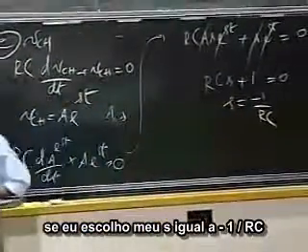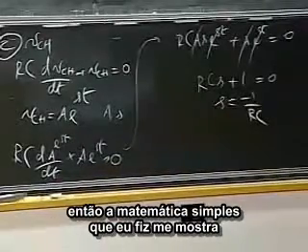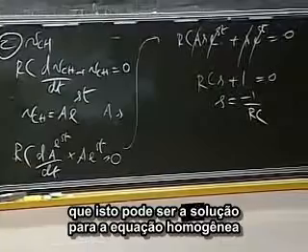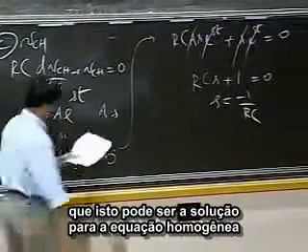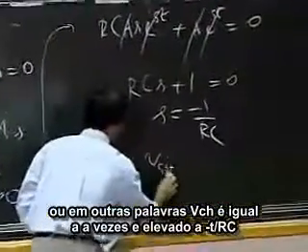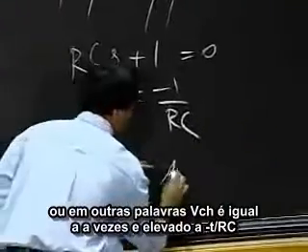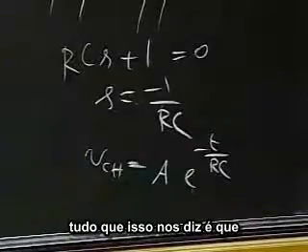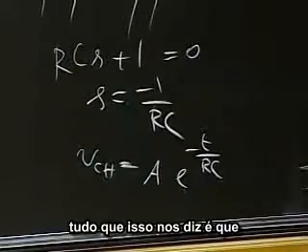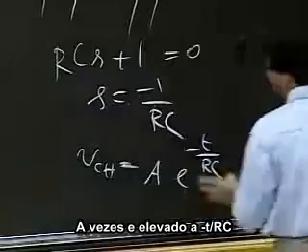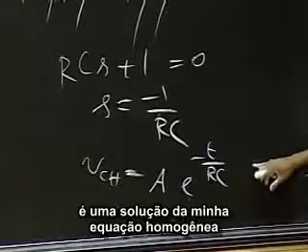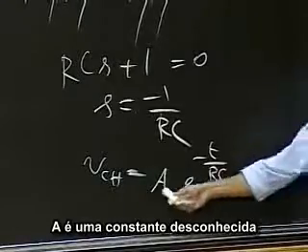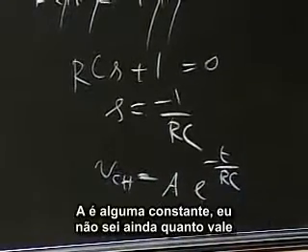If I choose my S to be minus 1 by RC, then the simple math I've gone through shows me that this must be the solution to the homogeneous equation. Or in other words, VCH is equal to A e to the minus t divided by RC. A is some unknown constant. I don't know what that is yet.